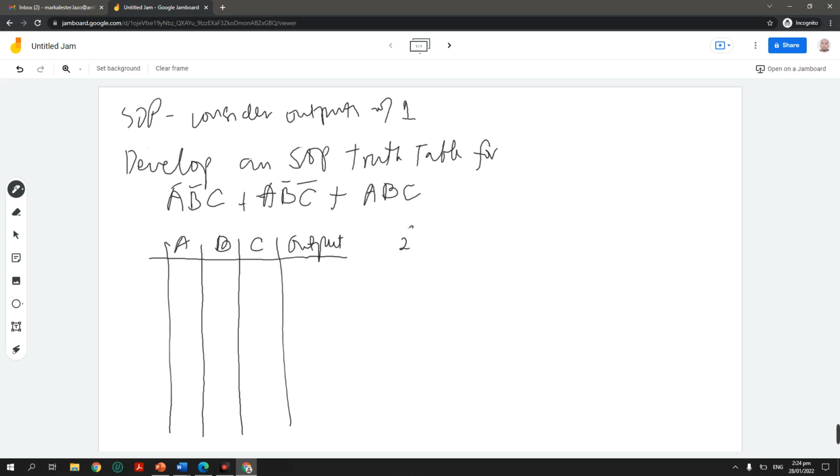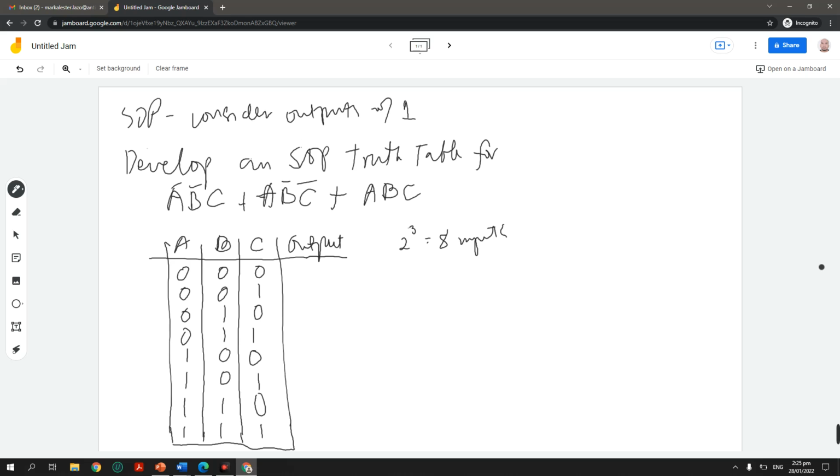That is 2 raised to 3, which gives us 8 combinations. And what are these inputs? That will be 000, 001, 010, 011, 100, 101, 110, and 111. So these are the 8 inputs for our truth table.